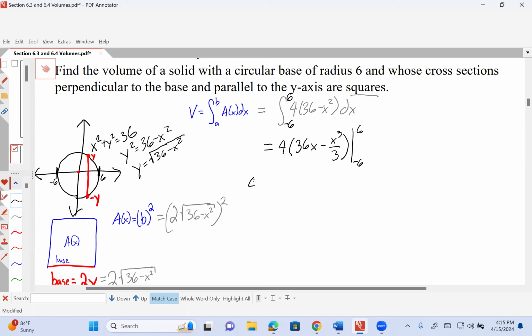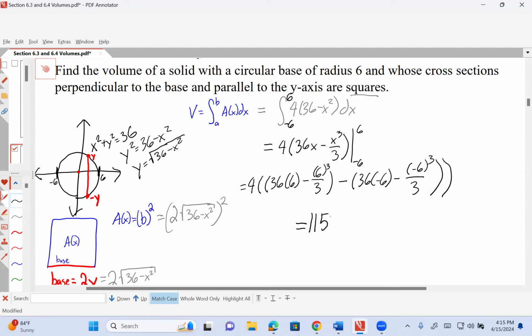Plugging in our upper bound, we get 4 times (36 times 6 minus 6 cubed over 3) minus (36 times -6 minus (-6) cubed over 3). And working all of this out comes out to be 1,152, whatever our units are.